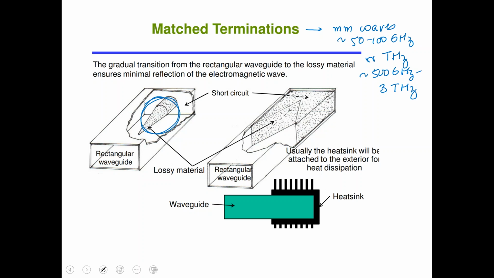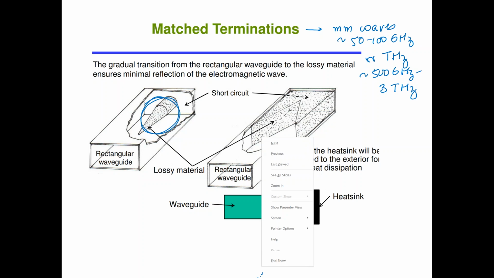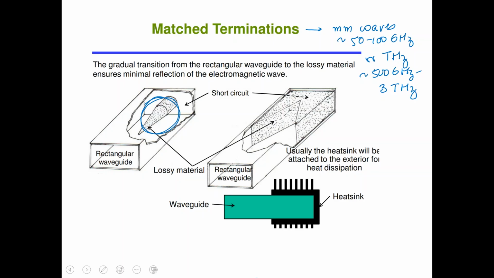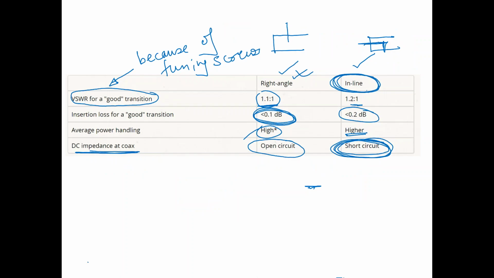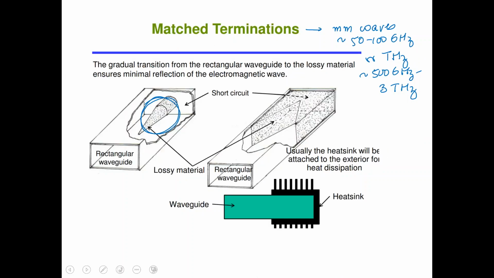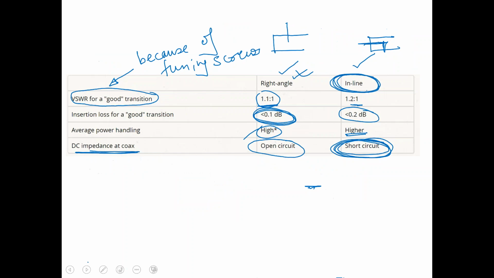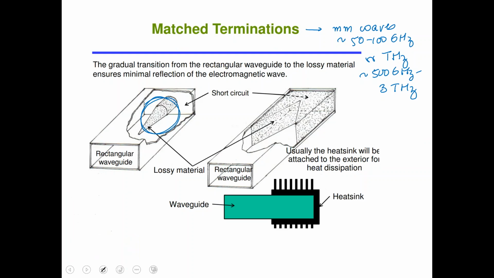To reduce the reflections, what you do is insert your second waveguide or whatever material you are trying to use, and then you taper it down. So this material in this region is almost acting like a rectangular waveguide because the material is very, very thin.